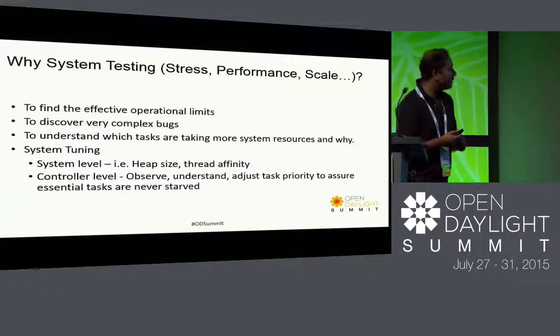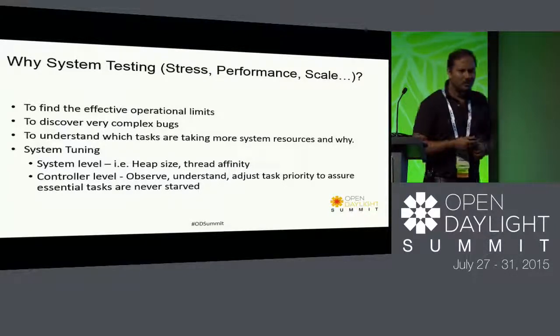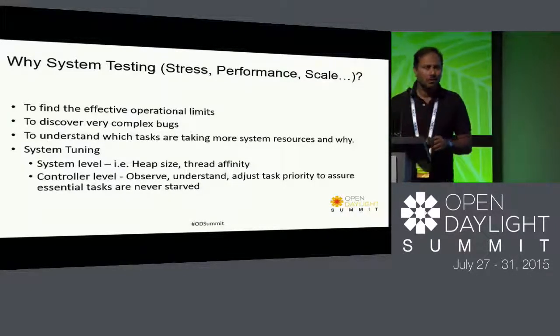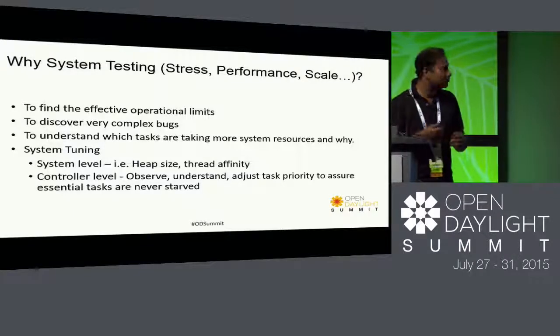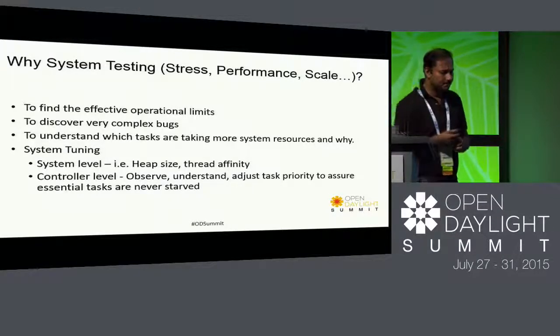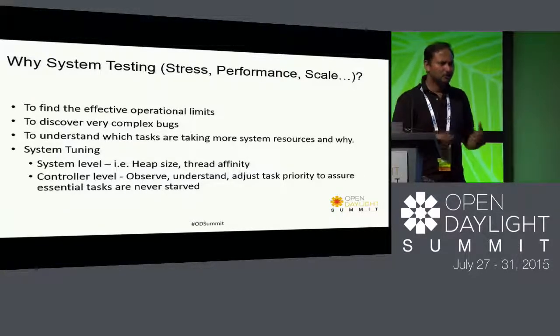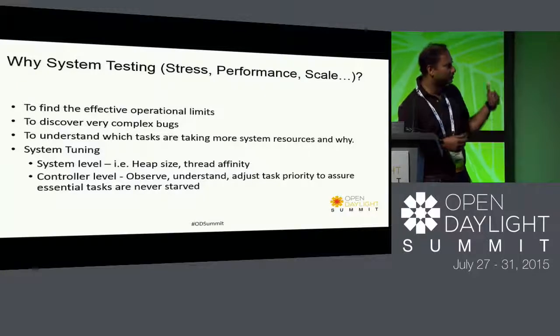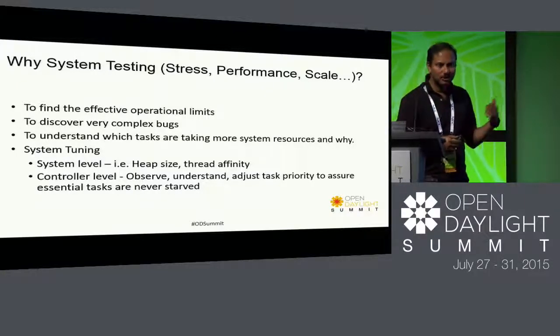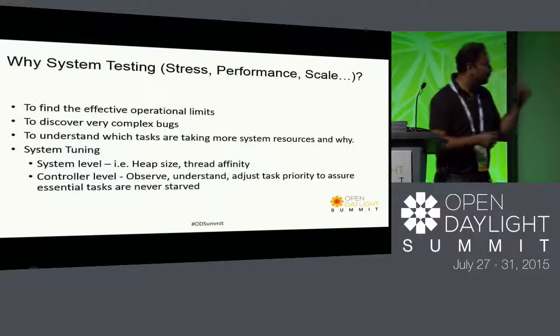And thirdly, I want to understand which task is taking more CPU resources or memory resources, etc. Like earlier days when we used to do switch testing, we had spanning tree. It used to consume a lot of CPU. So here also there should be some guy who consumes a lot of CPU. So we figured that out.